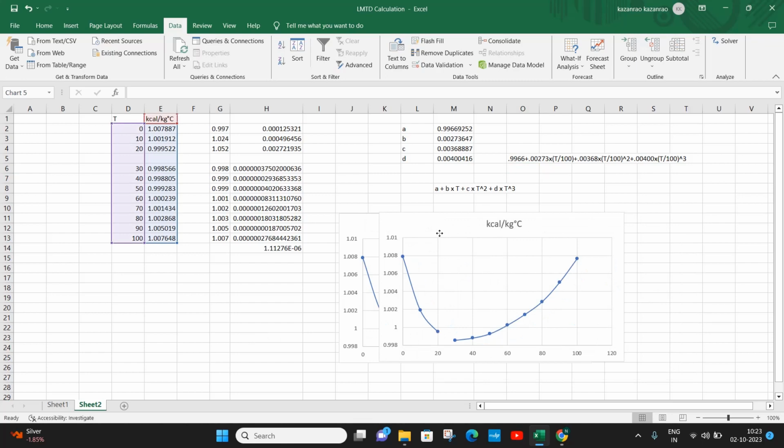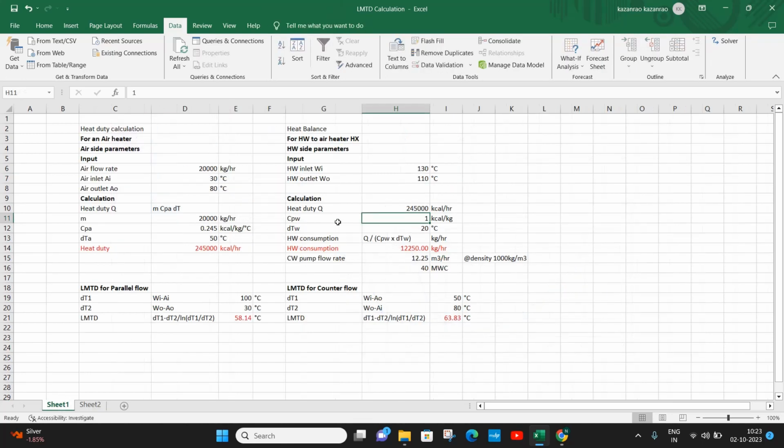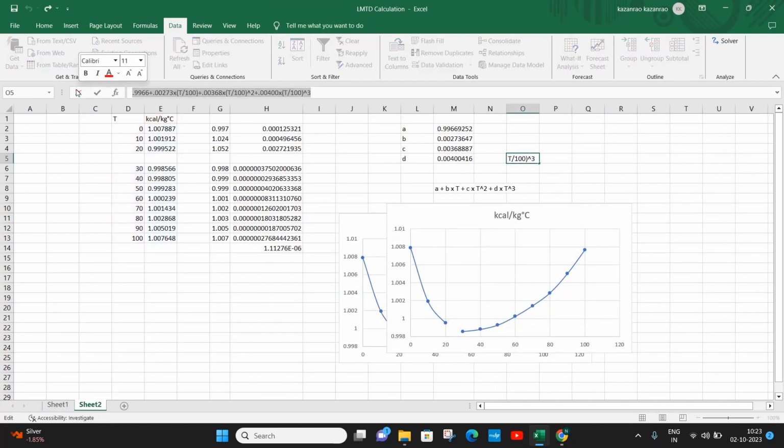Or maybe if you want, in the next session, we can see how to form the same equation here. Now let us see how it works.